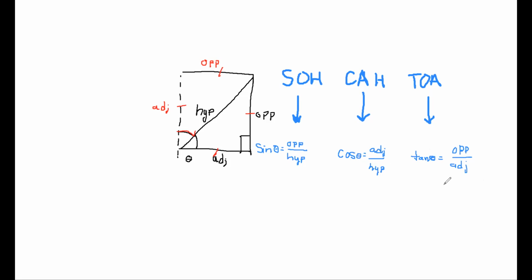These 3 statements are what you will use to determine the leg lengths that you don't know, given that the hypotenuse is almost always, like 95 to 96% of the time, going to be your hypotenuse.